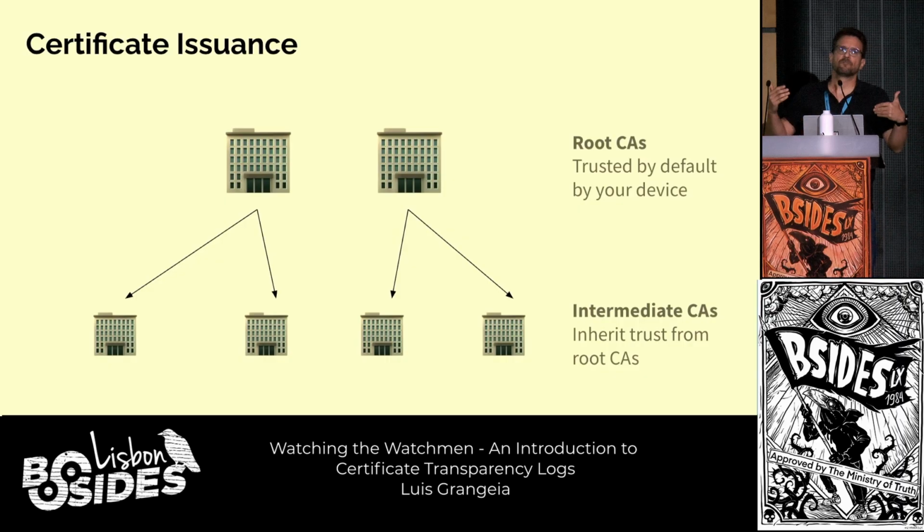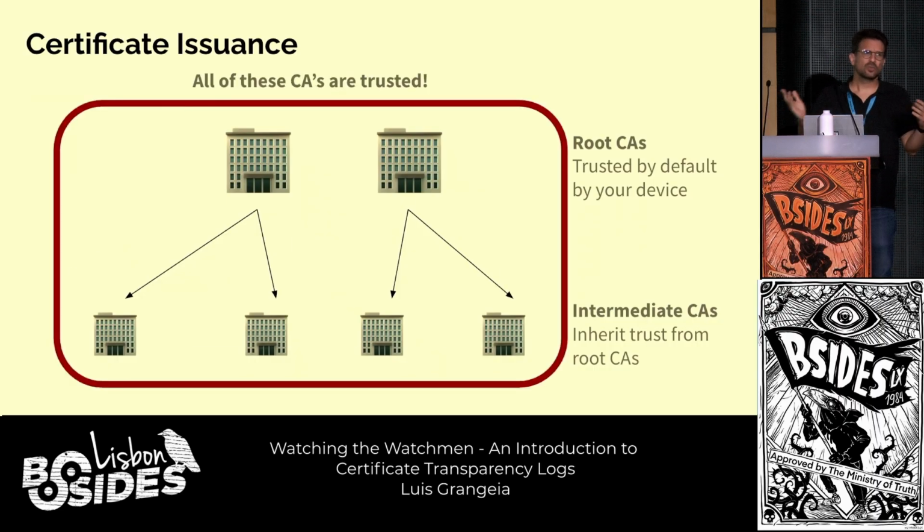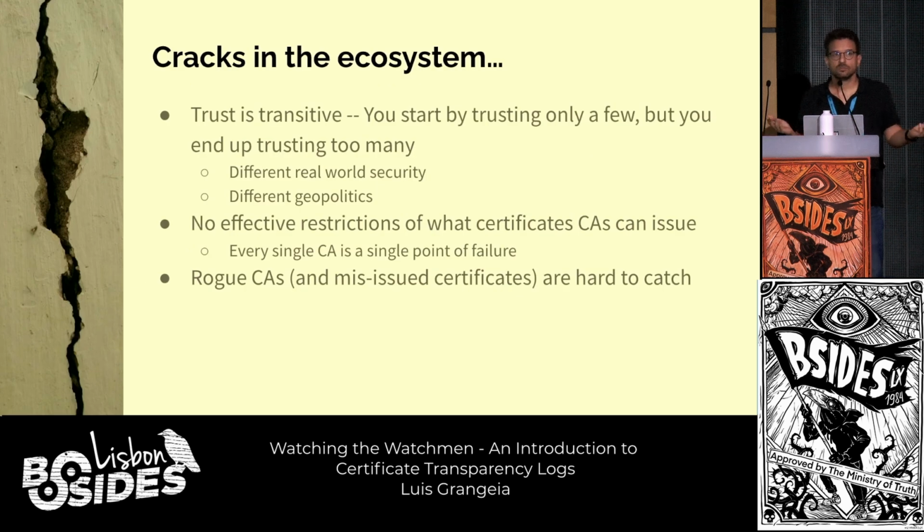So they would create special certificates that would delegate that trust to intermediate CAs or subordinate CAs, however you want to call them. And so you end up trusting all of these. You don't know exactly how many CAs you trust.